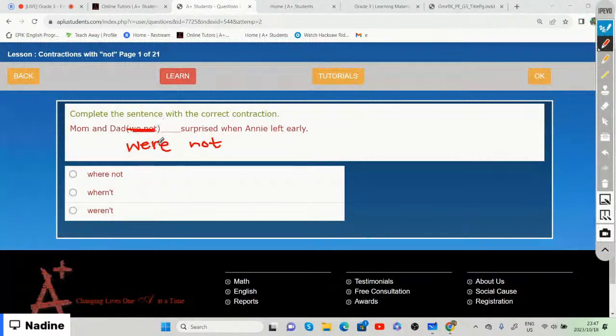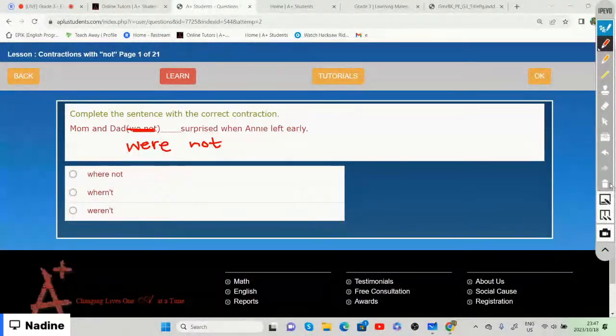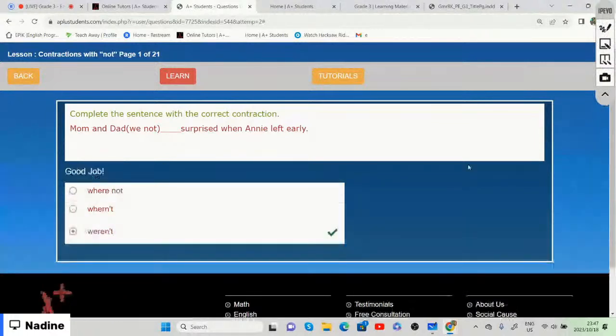So mom and dad were not surprised when Annie left. Is it were not, weren't, or weren't? It's like saying were not. Which option is correct? Yes, well done. So the third option, were not for weren't, is correct. Good job.